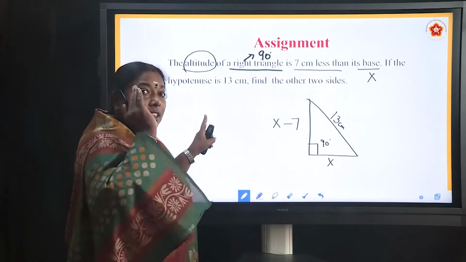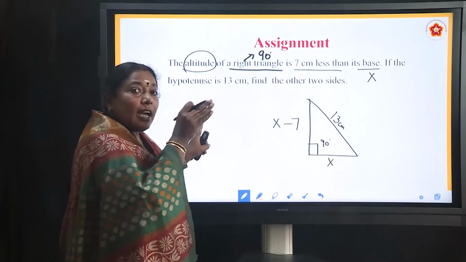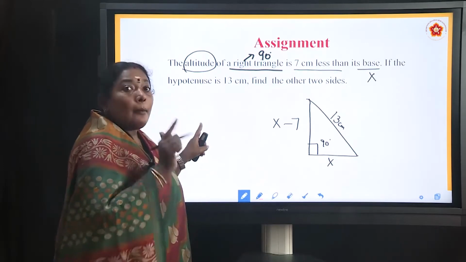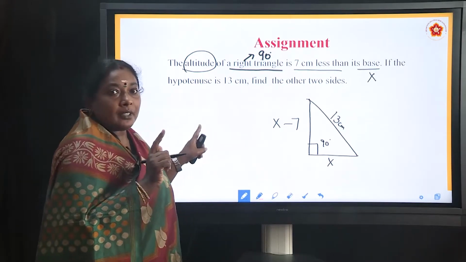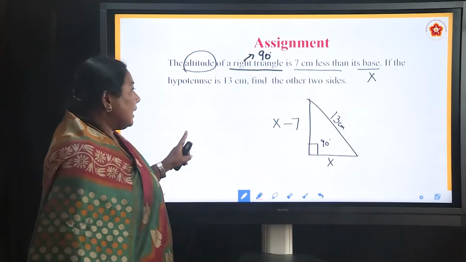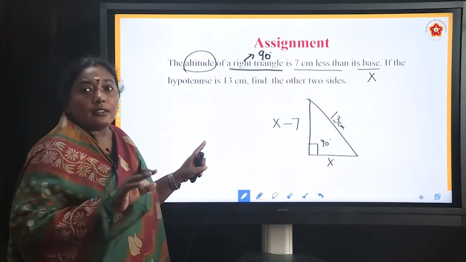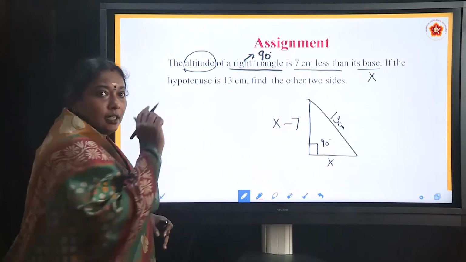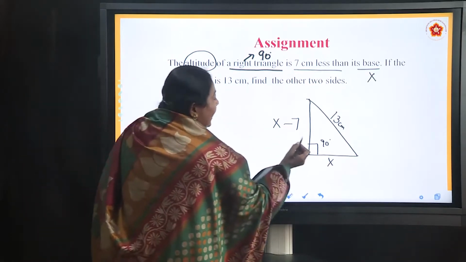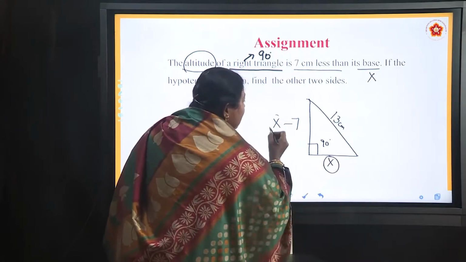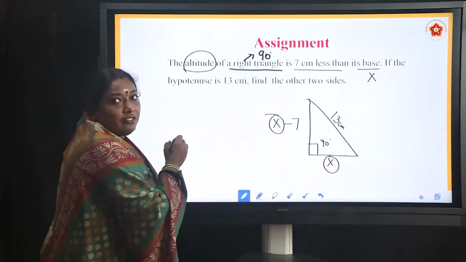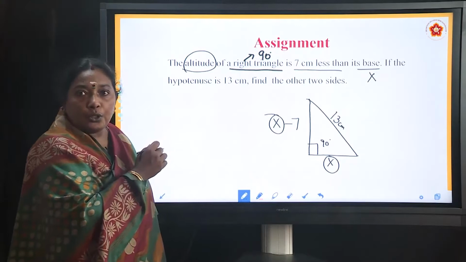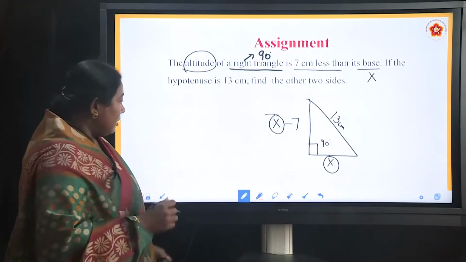We have to think about where we use the hypotenuse. That means the Pythagoras theorem, right? Only in the Pythagoras theorem do we use the hypotenuse values. Using the Pythagoras theorem, I can find the value of x. If I find the value of x, I can find the value of the altitude, right?